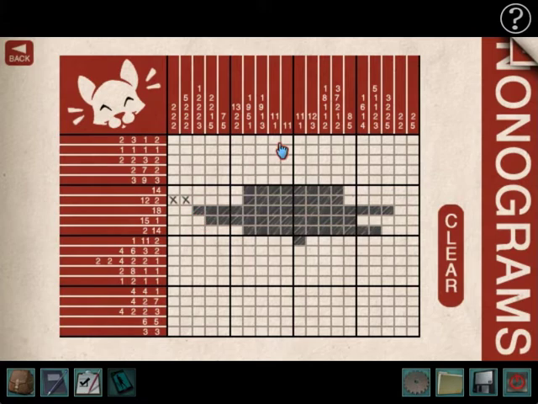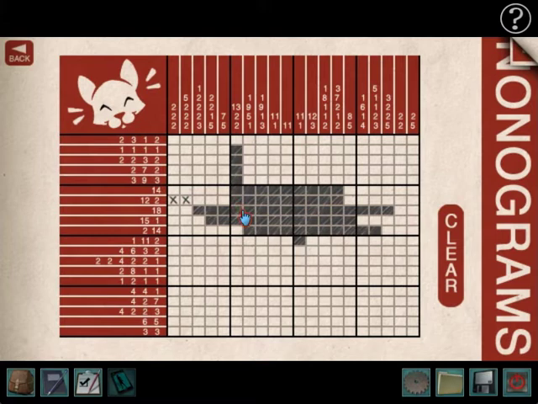I'm still on the lookout for things that I can make some assumptions about. 13, 2, and 2, this is another one that we can identify some stuff in. So, for instance, this can go all the way up here, I think.